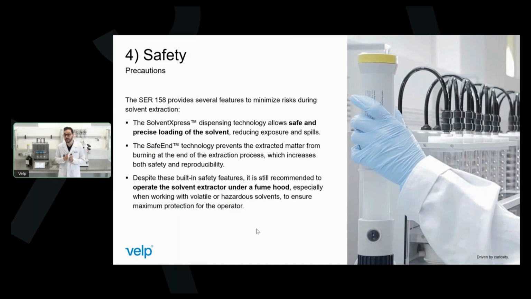Despite these built-in safety features, it is still recommended to operate the solvent extraction under a fume hood, especially when the operator has to work with volatile or hazardous solvent, in order to ensure the maximum protection of the final operator.